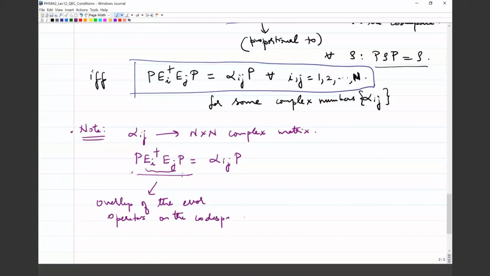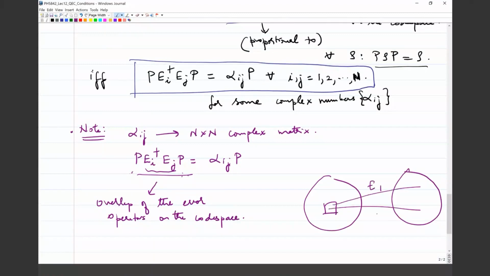So if you recall these cartoon pictures we drew when we were discussing the 3-qubit code, we saw that the condition for error detection was that if I had different errors, E_1, E_2, etc., one could be an X error on the first qubit, the other could be an X error on the second qubit, etc. Then these different error operators had to map your code space to non-overlapping subspaces. This, what is on the left, is exactly that.